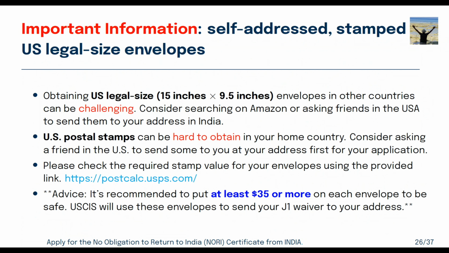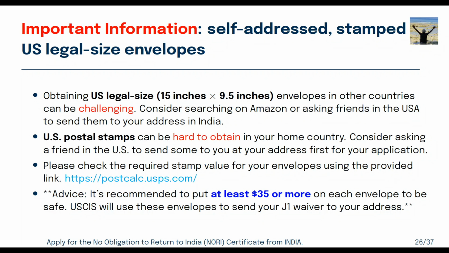Here is some important information. Sometimes obtaining US legal size envelopes is difficult, right? In India, you can get these envelopes sometimes from Amazon, or you can ask your friends in the USA to send multiple envelopes to you so that you can use them.